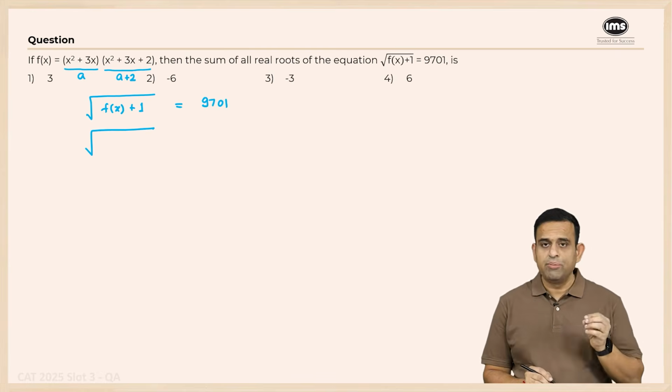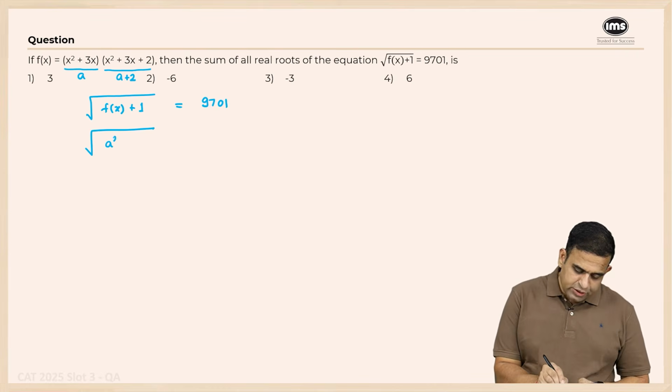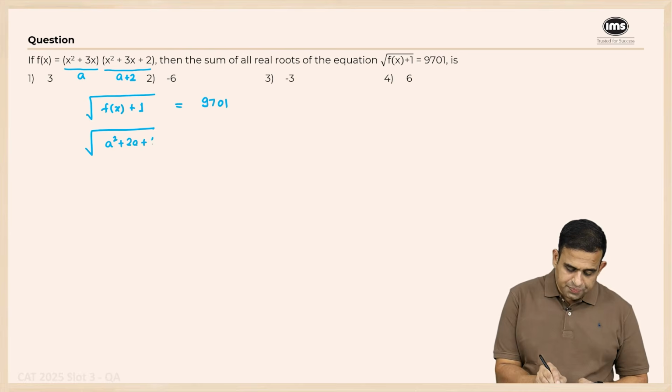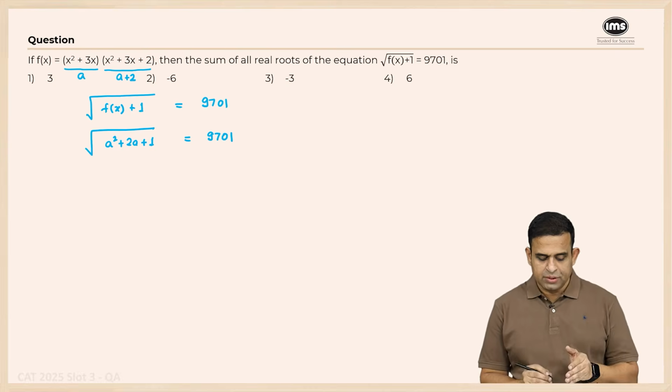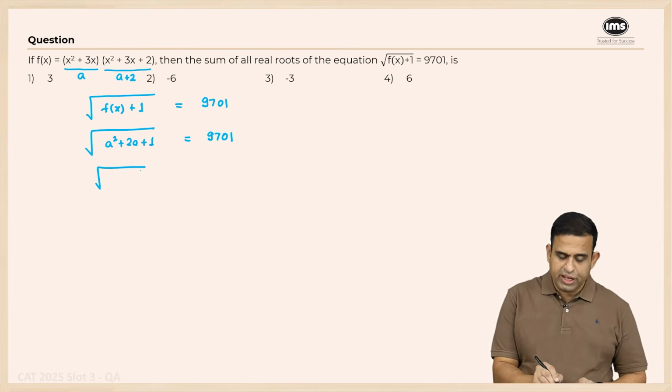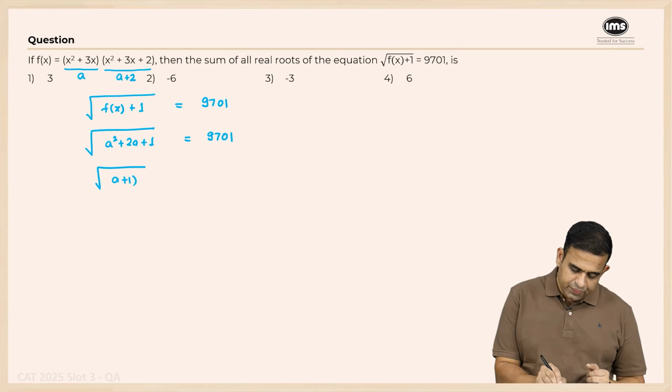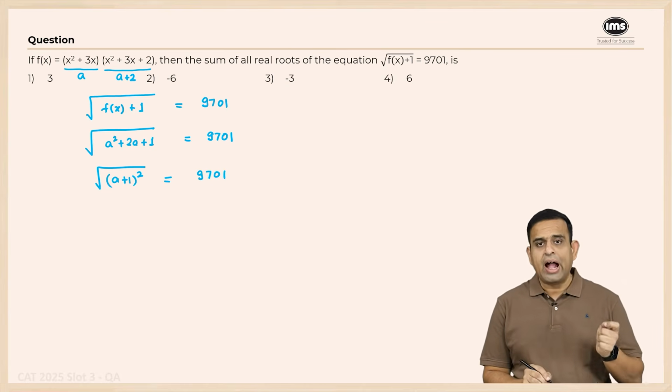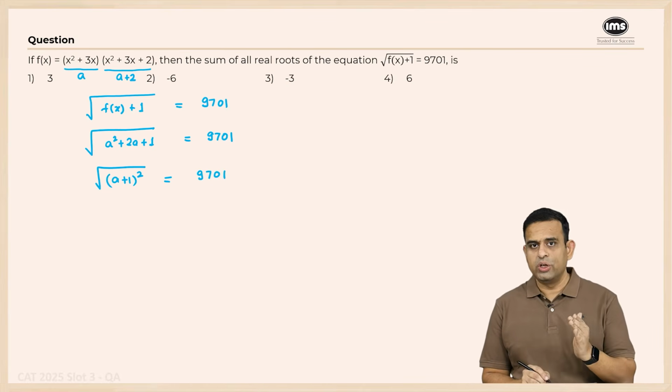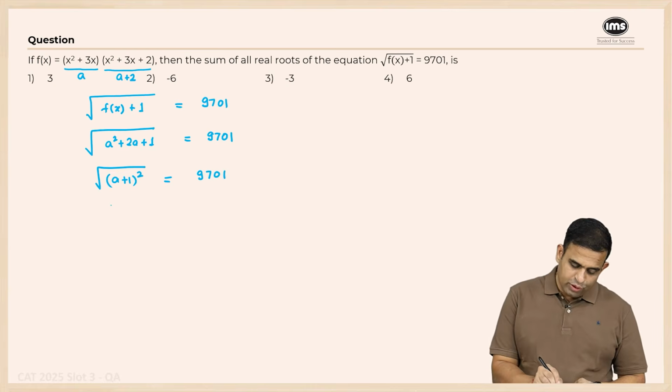So root of the term f of x basically will become a into a plus 2. That becomes a square plus 2a plus 1. And this thing is equal to 9701. Now, if you look at this particular term, a square plus 2a plus 1 simply becomes a plus 1 whole square, which is equal to 9701. And root of a plus 1 whole square is nothing but mod of a plus 1 is 9701.